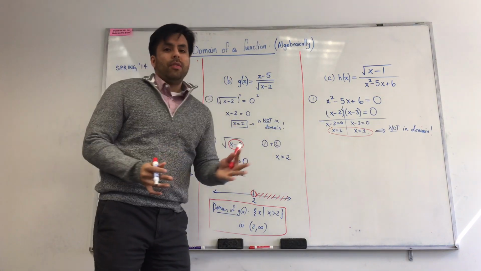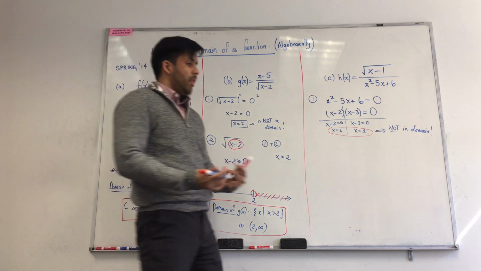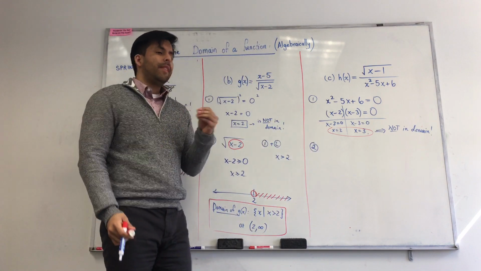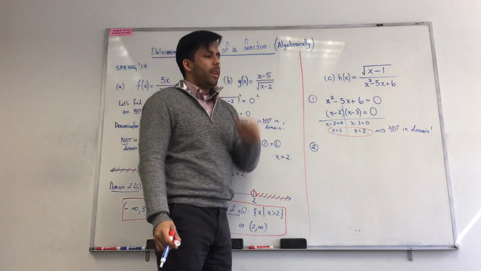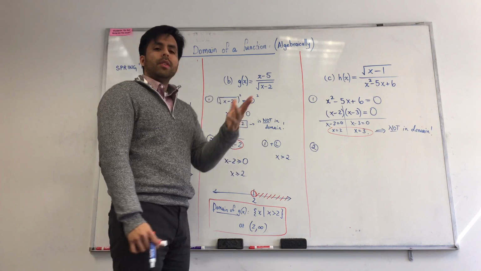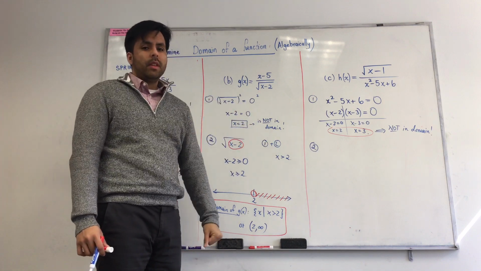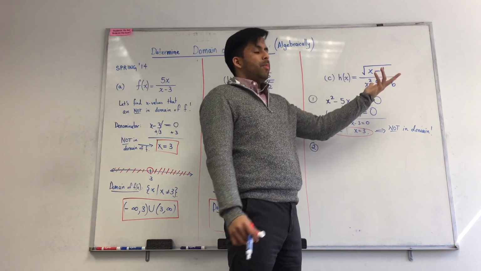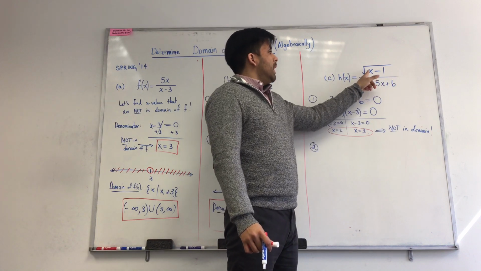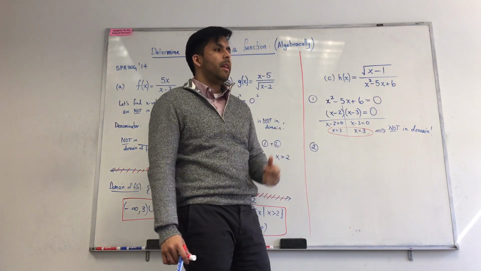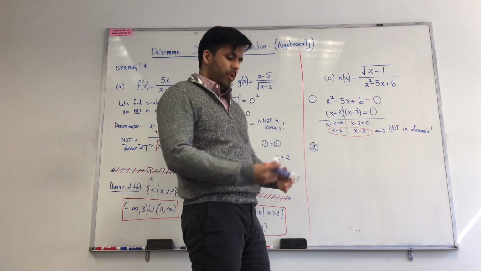But that is not all that we have to consider. That's one of the things we have to think about. The second thing is, wait a minute, in this numerator, I have a square root function. Now, what do we know about square root functions? We know that in order for this to have a corresponding output value, whatever expression is underneath the square root must be greater than or equal to 0.